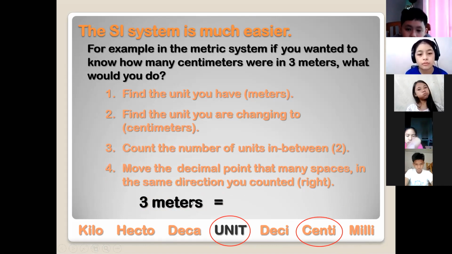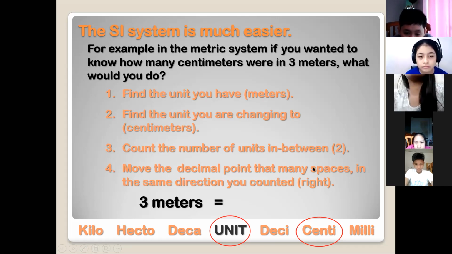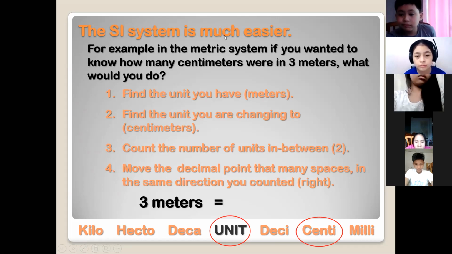In other words, the motion counted from the given unit to the target unit is the number of times the decimal point will be moved. And also, the direction to where your target unit is also the direction of the motion of your decimal point.